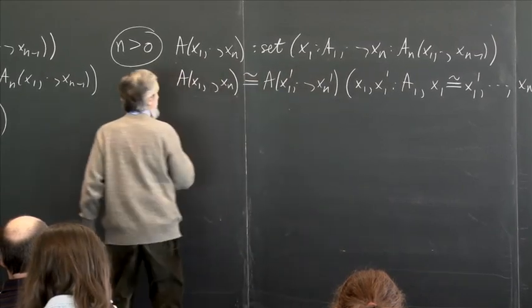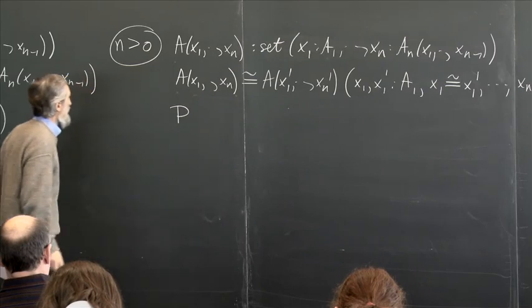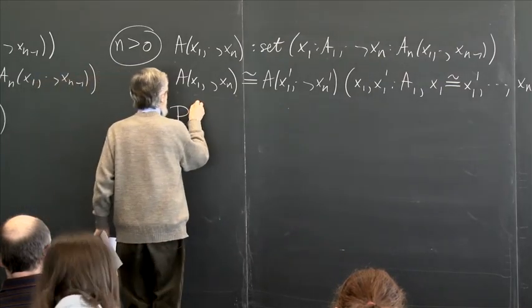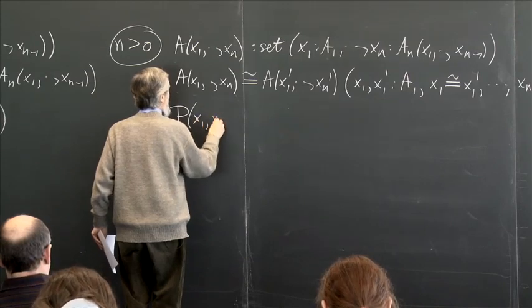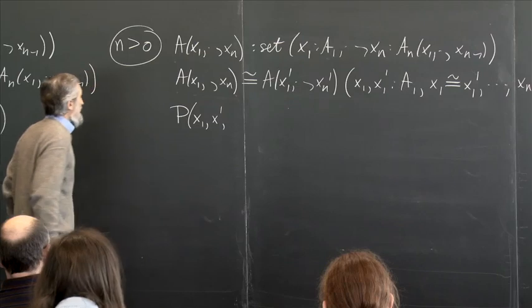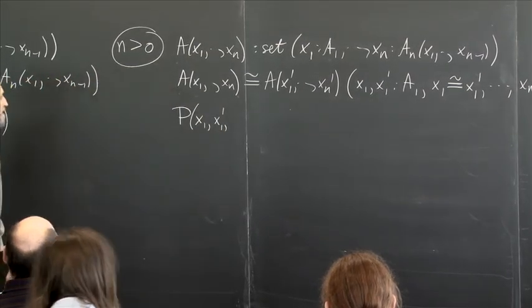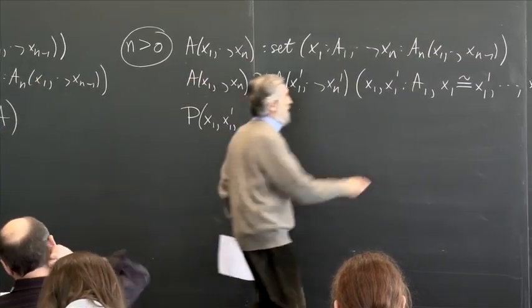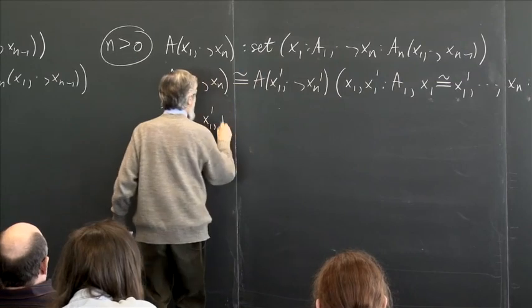So let's call that relation capital P. So there should be a relation capital P, which will depend on x1 and x1 prime, provided they are related, which is to say that we have a proof of this, little p1, say.